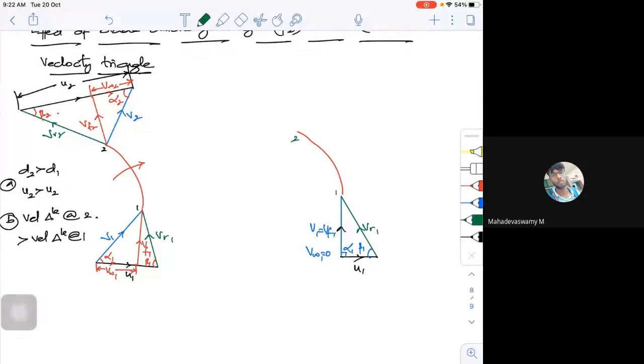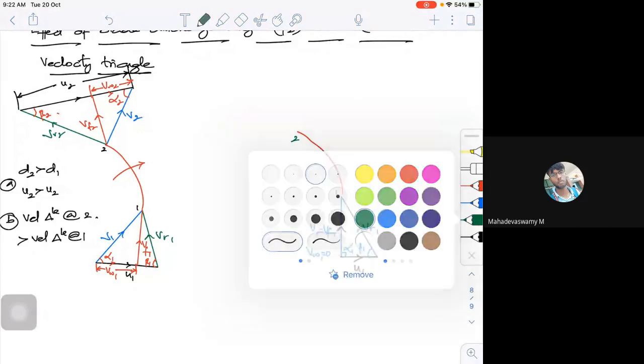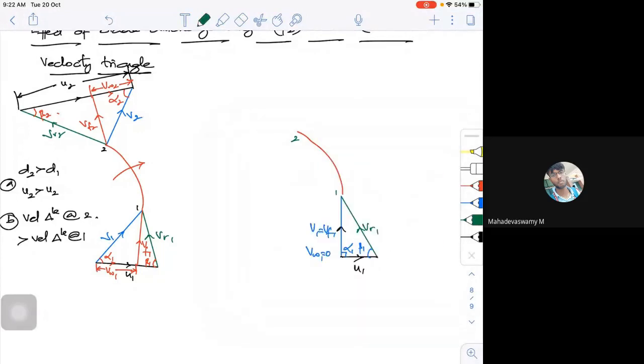So the outlet triangle will remain the same. I am not going to change it because it depends on the beta. So I have the beta 2, and this is my VR2. Here I am going to check for different conditions of your VR2, beta 2. We will check into that. So what will happen to the exit velocity triangle?